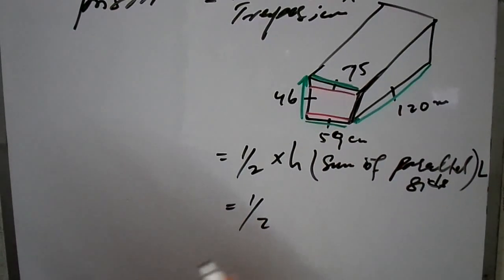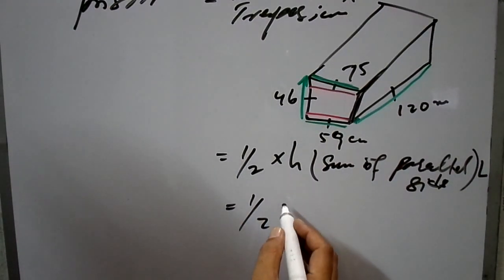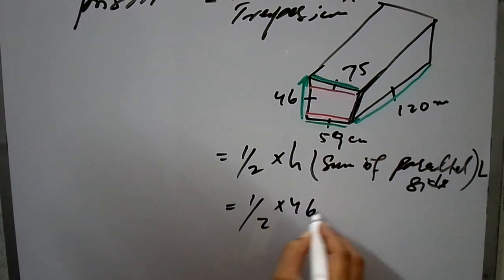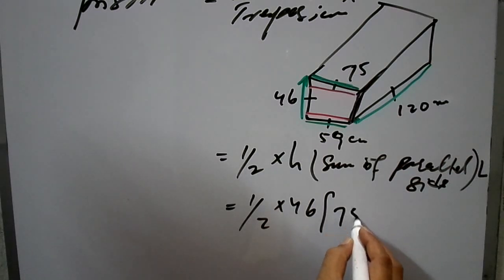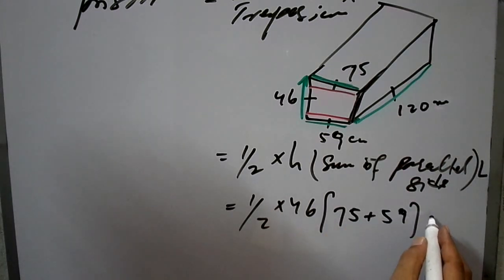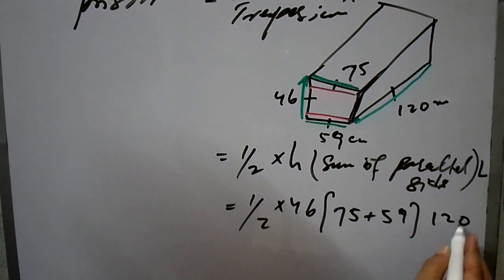So putting the values, the height is 46, and the sum of parallel sides is 75 plus 59, and multiply by 120.